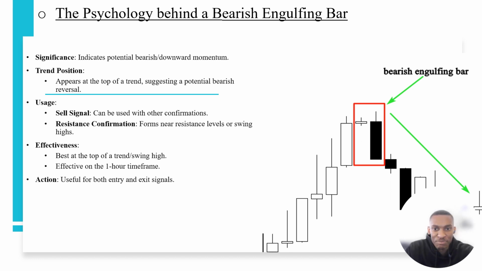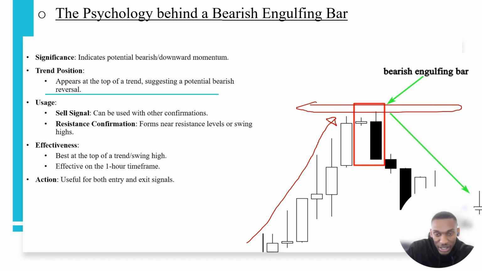So let's see the psychology behind this candlestick. First, let's say this candlestick forms at the top of a trend. Let's say this is an uptrend, and it forms at the top of the uptrend. What does it mean? If you see this candlestick forming at the top of a trend near a resistance level, let's say there was a resistance level here, it means a potential downward movement is coming.